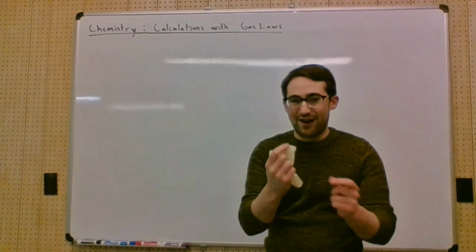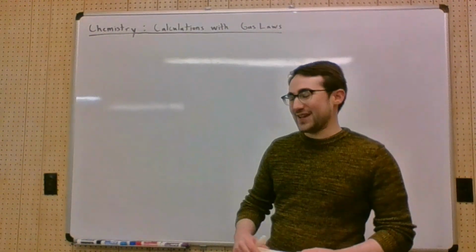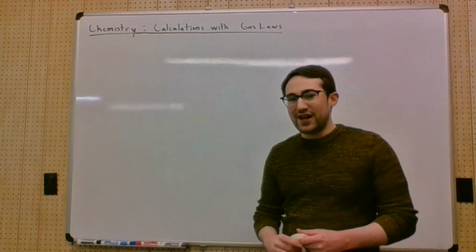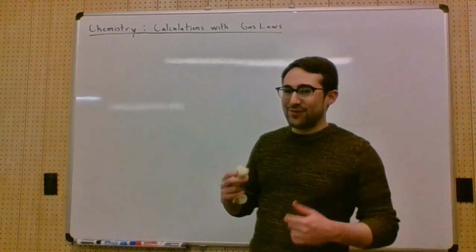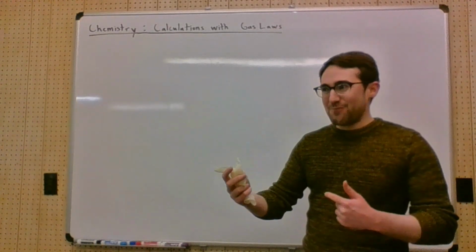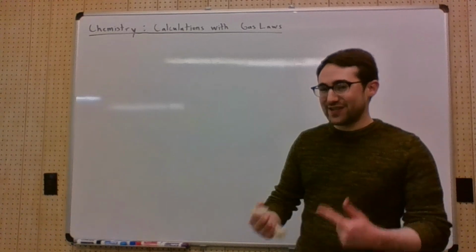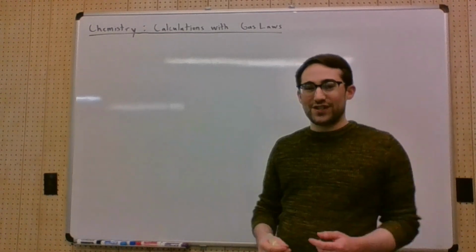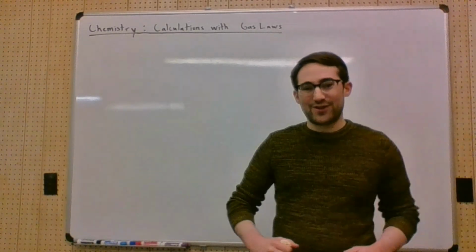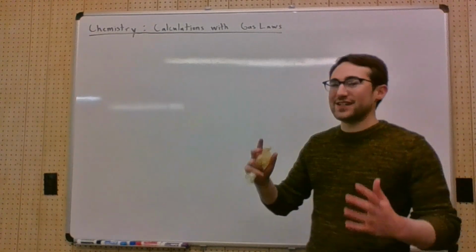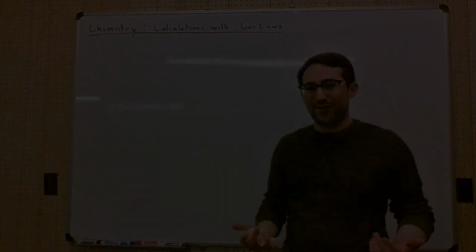Since we're not going to go and count all the particles, you're going to figure out there's absolutely no way. So, in order to figure out how much gas is in something or how much volume that amount of gas should take up, we use moles, just like we've been doing with a lot of the stuff in stoichiometry before this. It's just a nice convenient way to count an amount of a chemical.